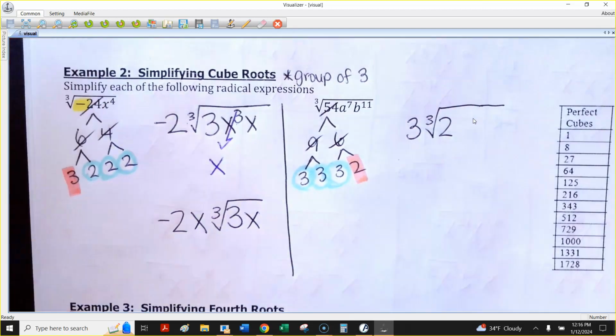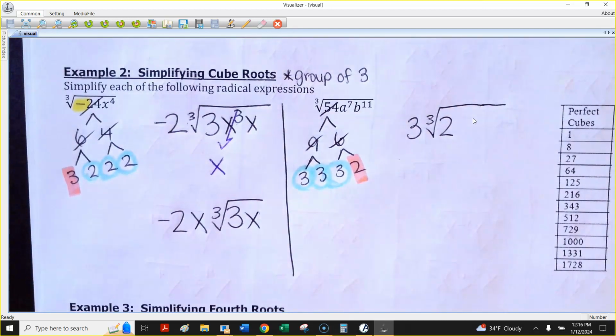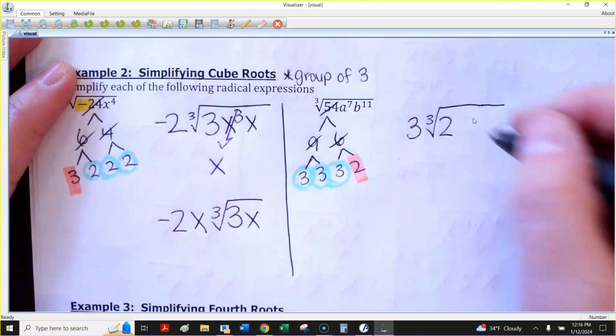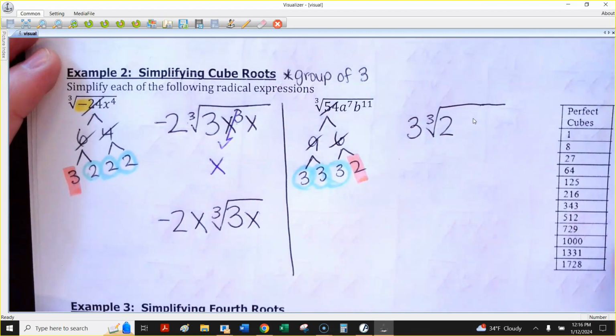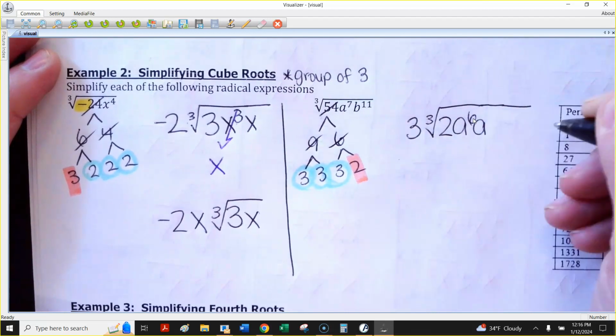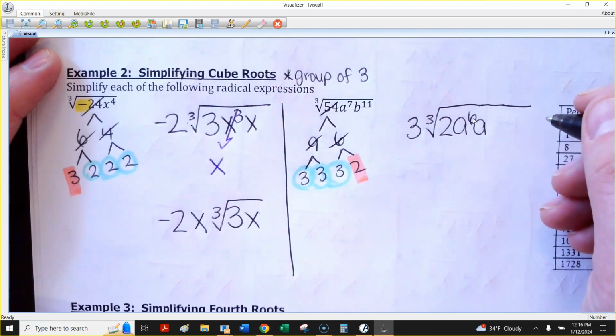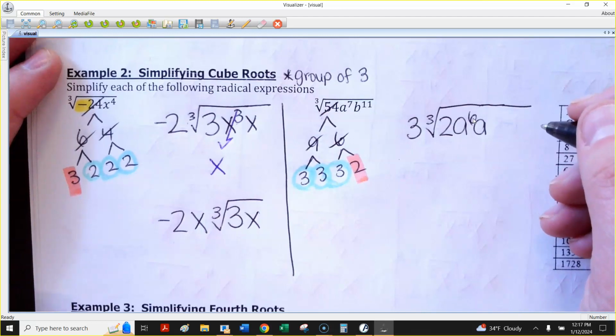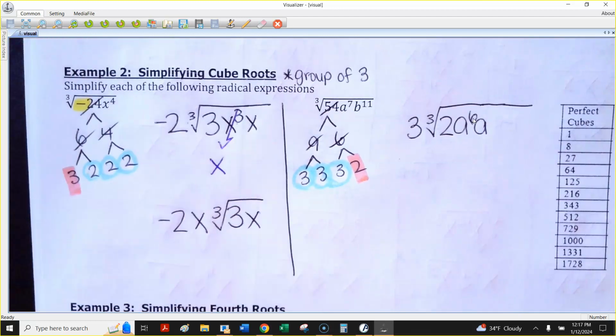Now, my exponents, if I'm working with a cube root, I want it divisible by 3. So if I'm working with 7 and 11, neither divisible by 3. So how can I break apart a to the 7th? 6 and 1. And how'd you break apart 11? 9 and 2.